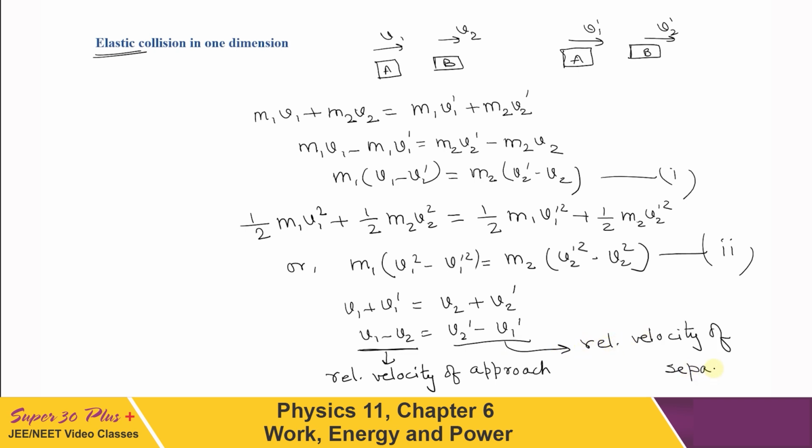From here we can conclude one more thing, that if collision is perfectly elastic, then the relative velocity of approach before collision has to be equal to the relative velocity of separation after collision.